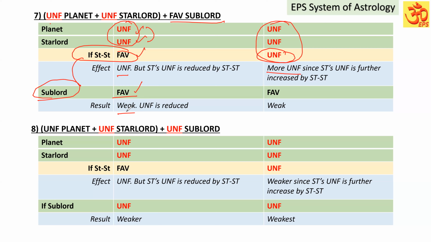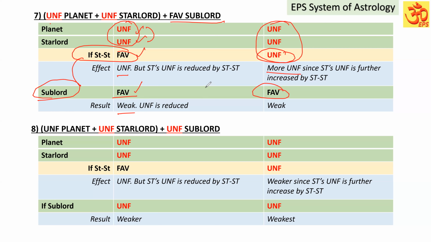Unfavorable is reduced. Instead of more unfavorable, it is becoming weak. Depending on the star lord of the sublord, if the star lord of the sublord is also unfavorable, that is going to be weaker. But if the star lord of the sublord is also favorable, the weakness will get still reduced.